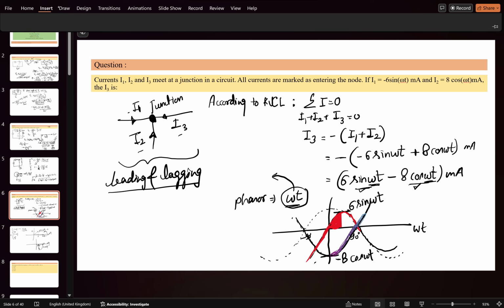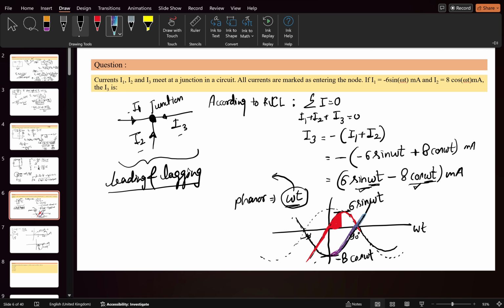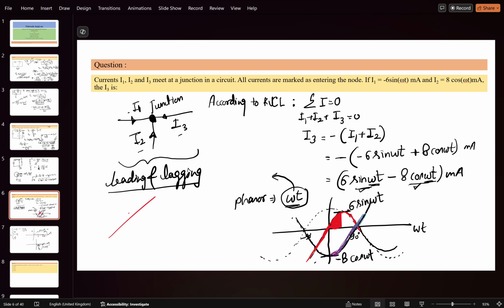So lagging and leading will be defined in terms of when it is increasing or when it is decreasing. Okay. So suppose two curves are increasing like this. The phase angle at the right side of the x-axis when it cuts, then you can see what is the difference between both rotations. If you see here, both values are increasing here, and this will be the angle between them.